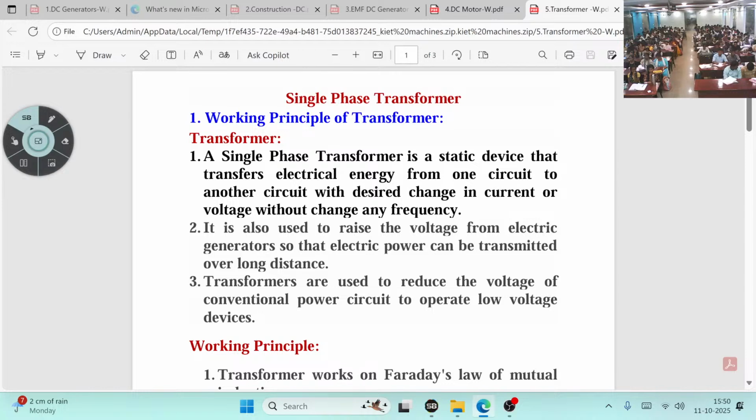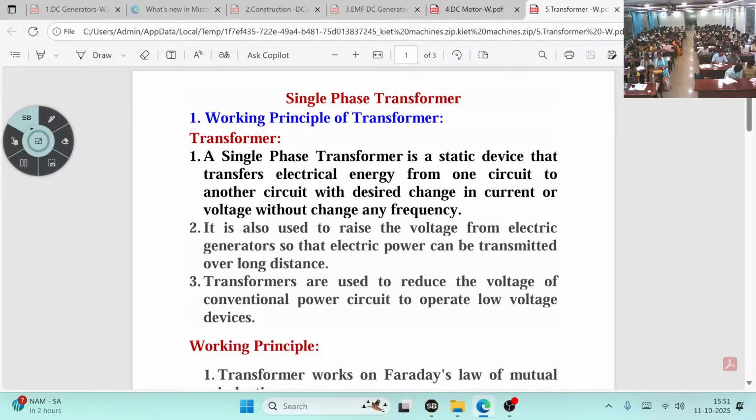What will the transformer do? The main function of the transformer is to step down the voltage. How much voltage is required to charge this phone battery? Generally 9 volts.